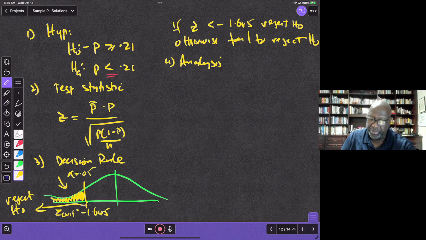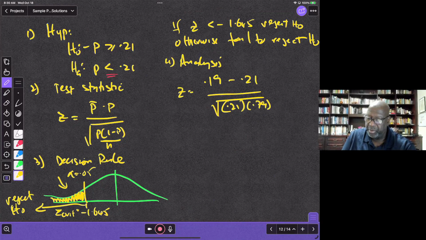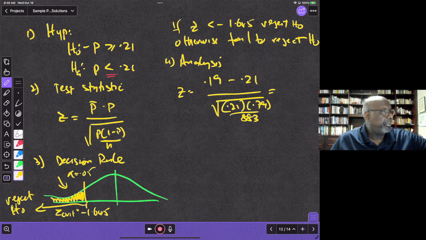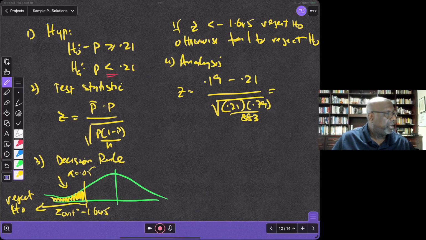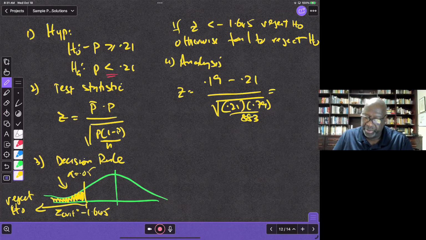So our sample proportion, I said already, was 0.19, population proportion 0.21, 0.21 times 0.79 over 883 actually gives us, let me just find my value here. Turns out to be negative 1.46. Negative 1.46. All right.